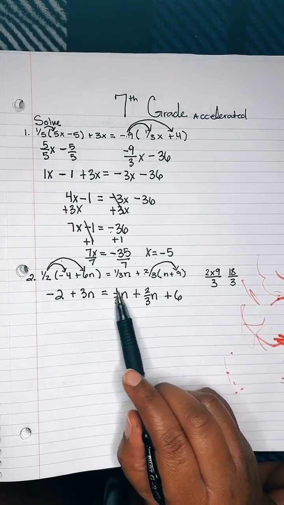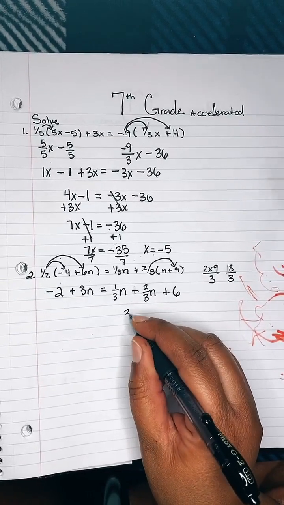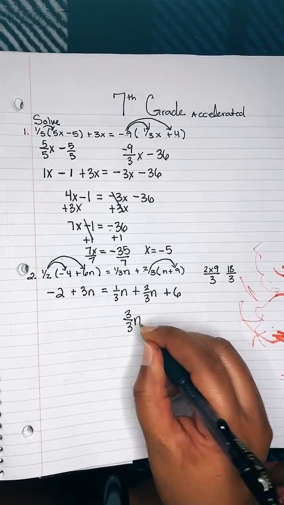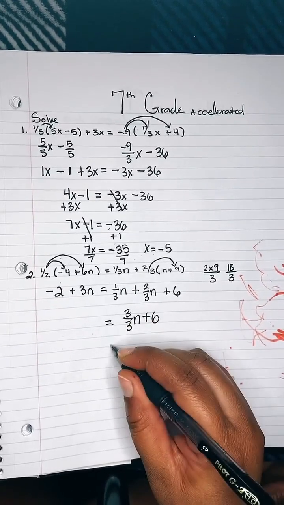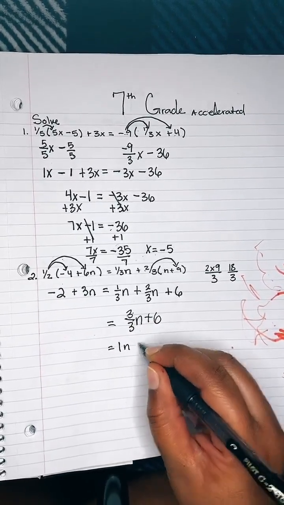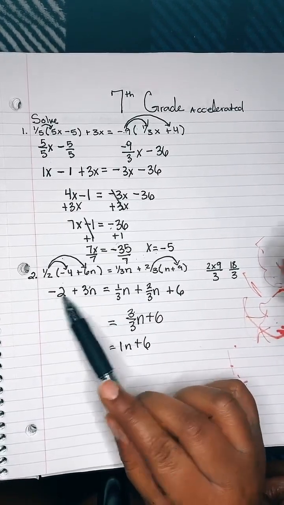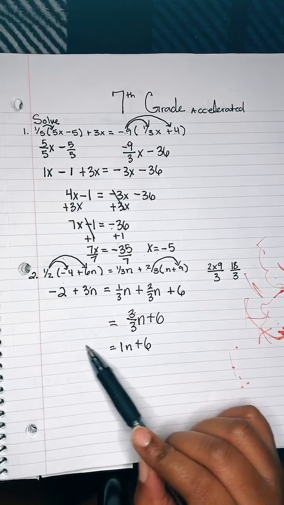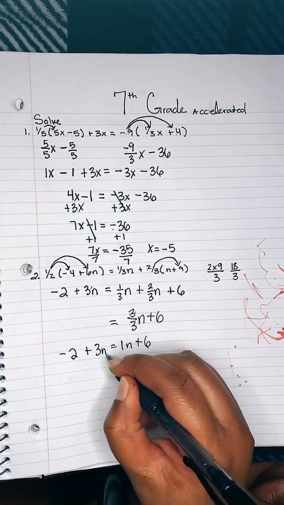Yes, because really we're just adding the top. So 1 plus 2 gets us 3 over 3, and we have the n. But 3 divided by 3 is just 1n, and we drop down our plus 6. Now, I don't have anything like on here, so I'm just going to drop it down over here. Wonderful. Negative 2 plus 3n.